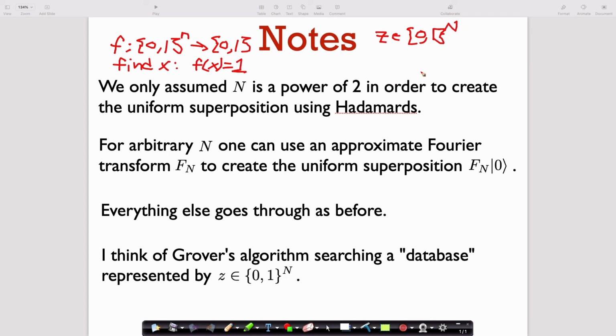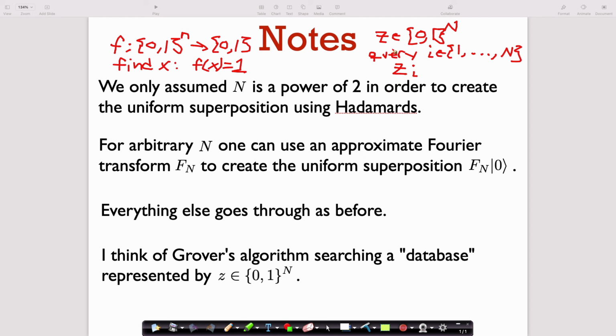And what the oracle does is you can query a number i, where i is just a number between 1 and N. You query i, and it tells you the ith bit of this string z.